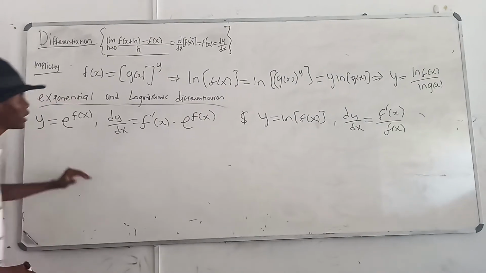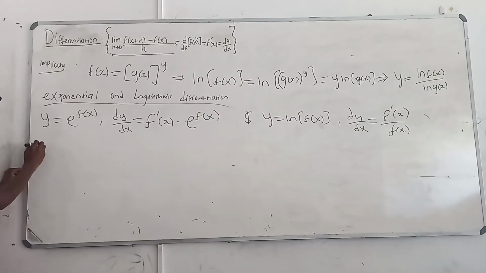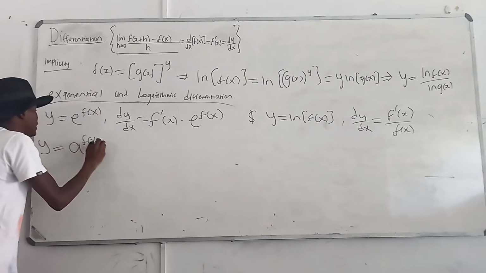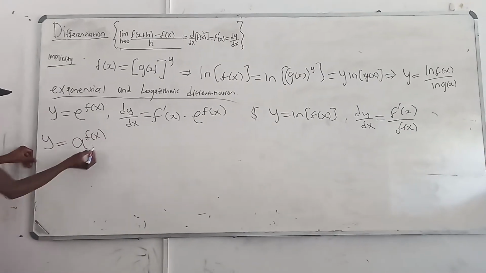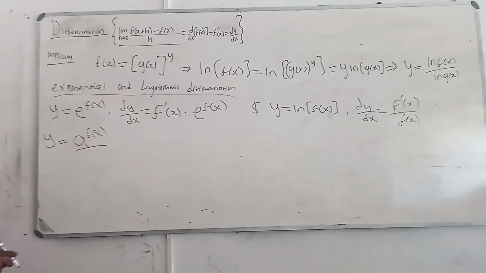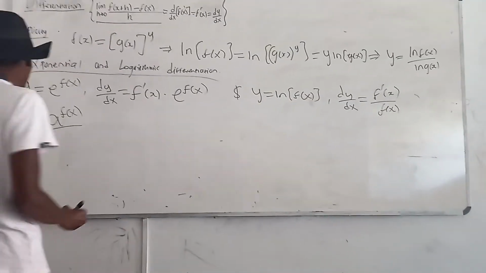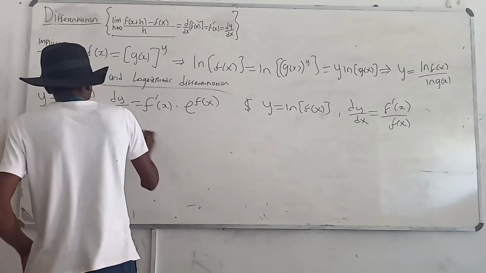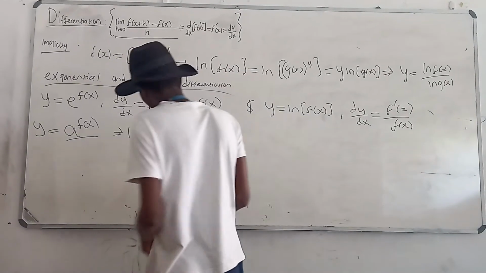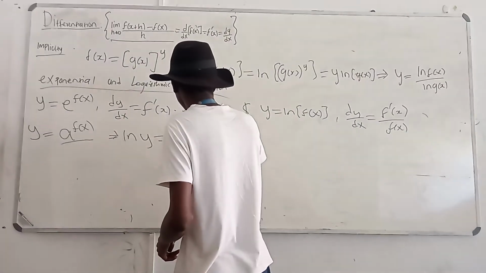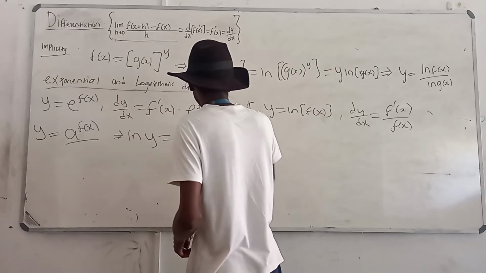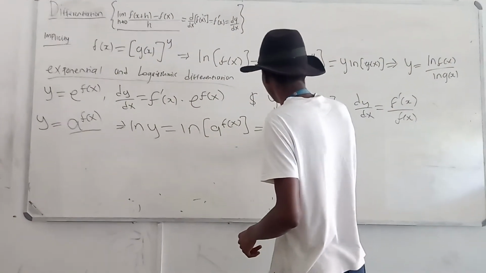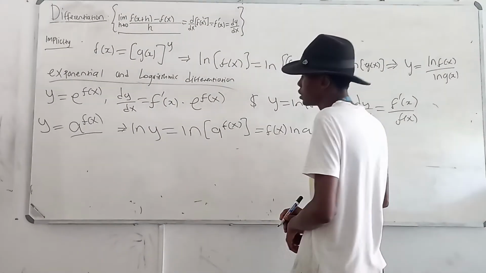So now we need to apply the two whenever your y is given by a to the f(x). We need to apply the logarithmic and exponential. We are going to introduce the ln on both sides. ln y is the same as ln a to the power f(x). According to the rule, f(x) will go down, we take ln a.